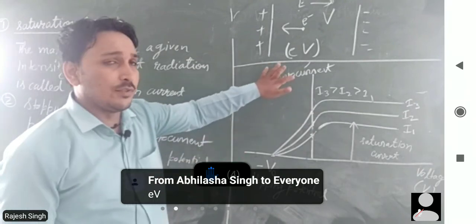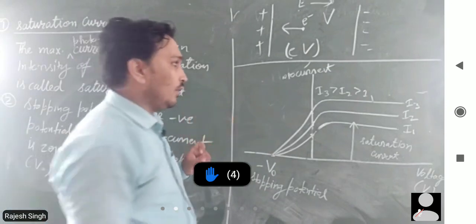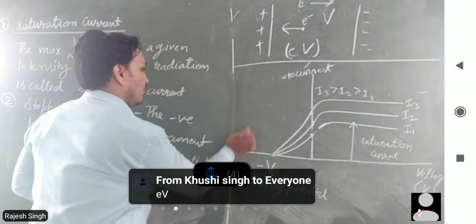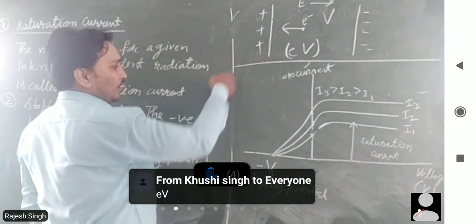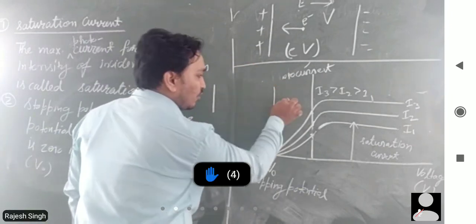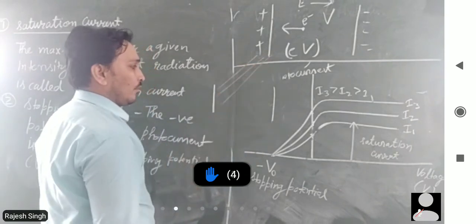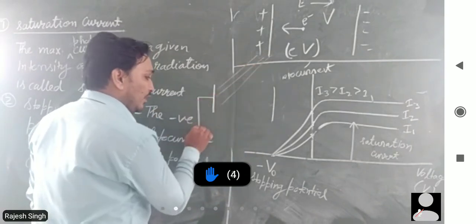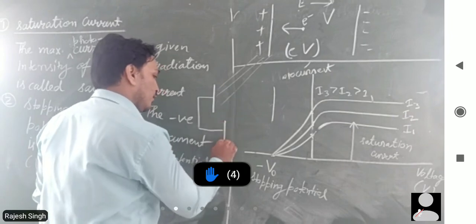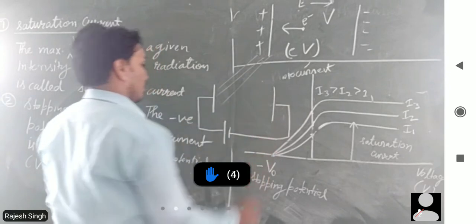Now just listen to me, this is a very conceptual point. This is the plate on which the radiation is falling, the plate which emits the electrons. I am giving the other plate a positive charge and this plate a negative charge.